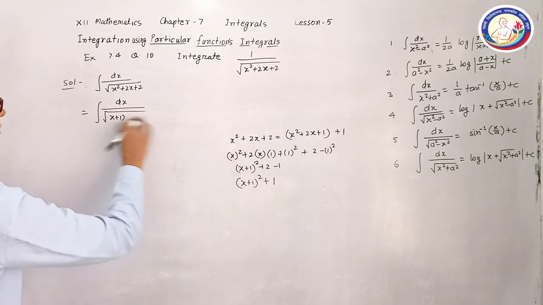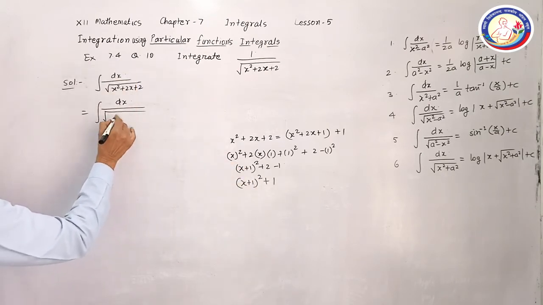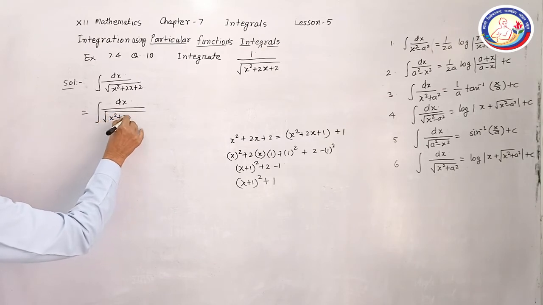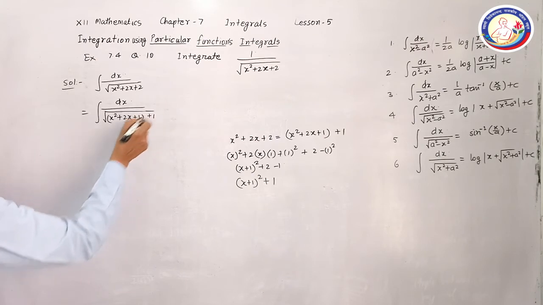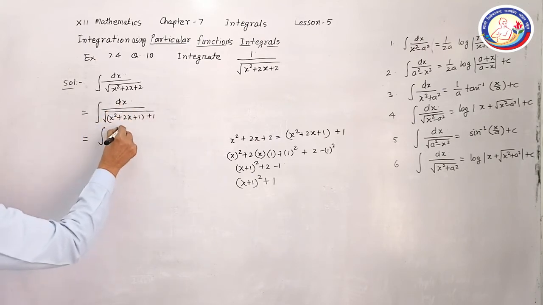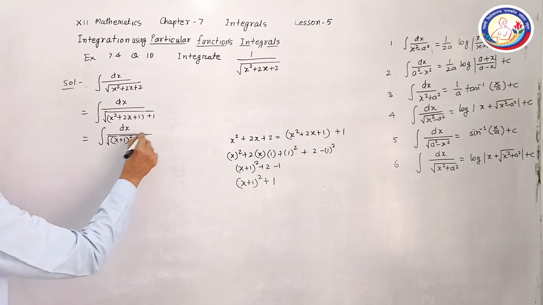We can use this or perform calculation here also. It is x square plus 2x plus 1 or plus 1. This is perfect square. dx upon square root of x plus 1 whole square plus 1.